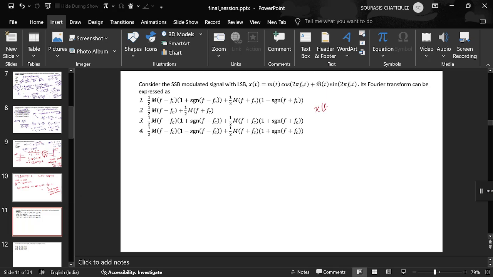We are given x t is equal to m t cos 2 pi fc t plus m hat t sin 2 pi fc t. This m hat t is the Hilbert transformed version of m t.